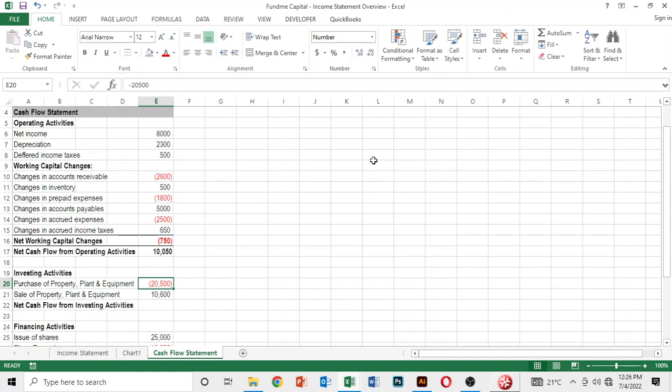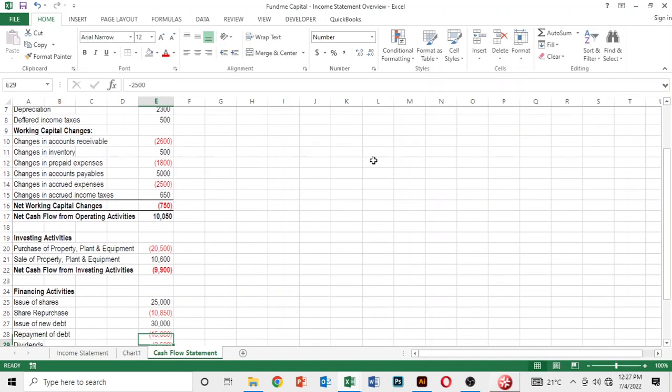The company has also sold property, plant and equipment. If it is a sale, a disposal, then obviously we have to put that as a positive, and in some cases that figure might be negative, because sometimes a sale can be a profit or a loss. Okay, so let's just sum that up.